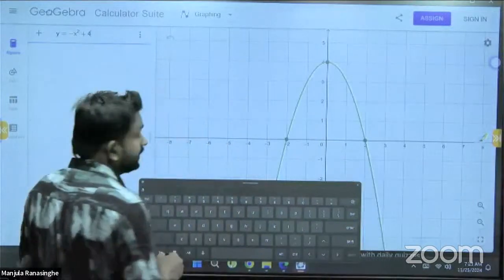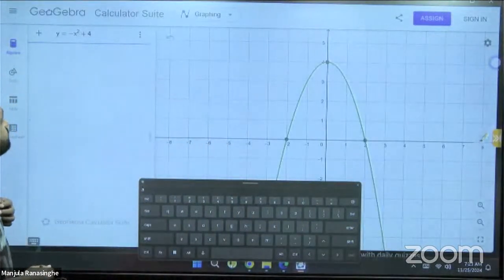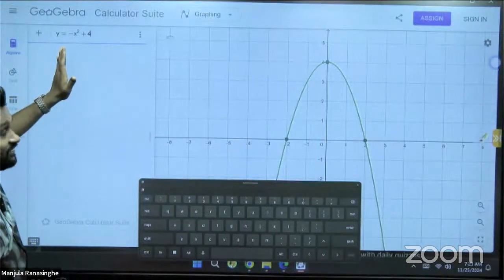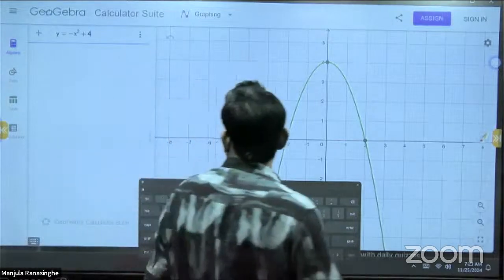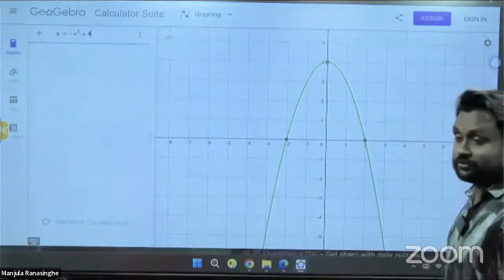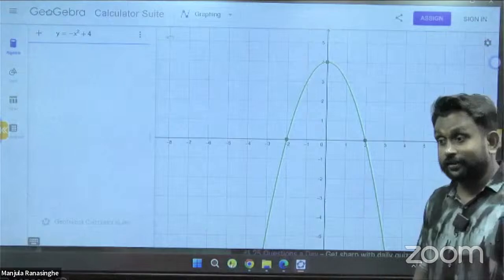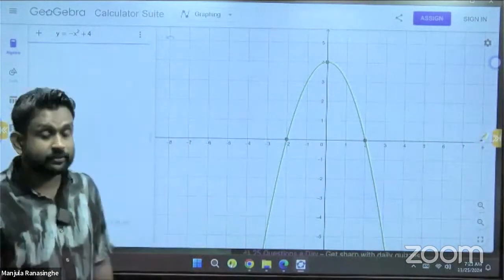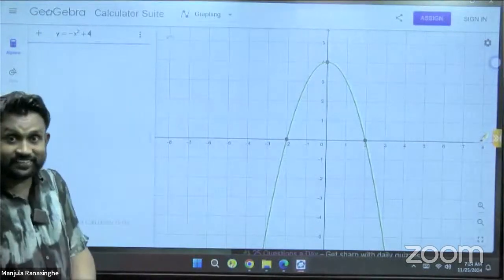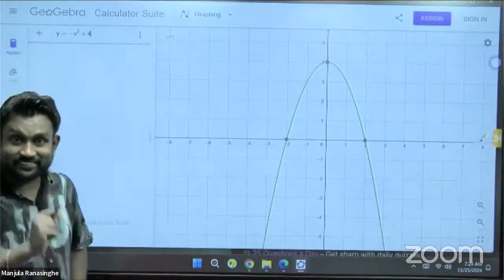So here I input the equation, which you will not have a chance to do in the exam. Now you can see the graph is plotted. This is the graph of y equals negative x squared plus 4. If you draw nicely, the graph should look like this.